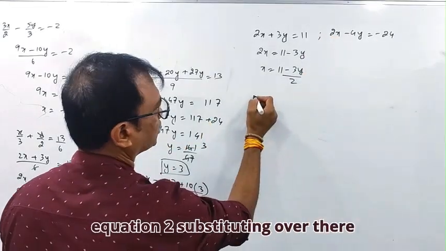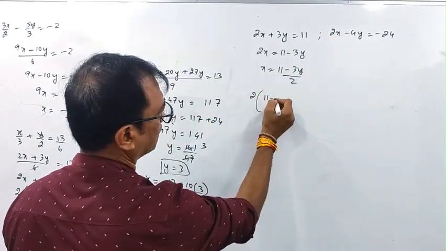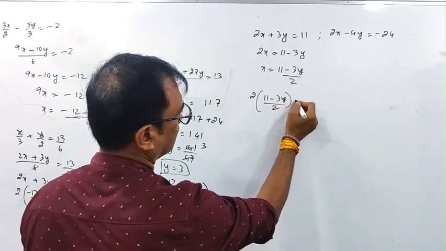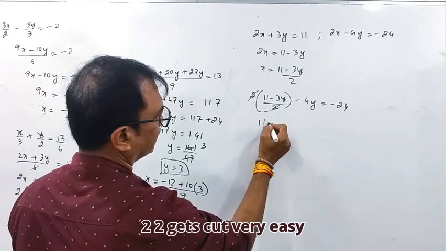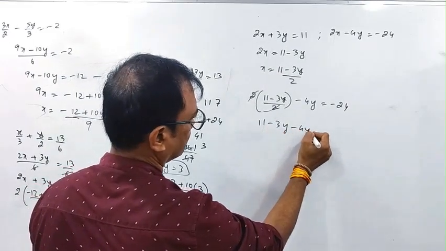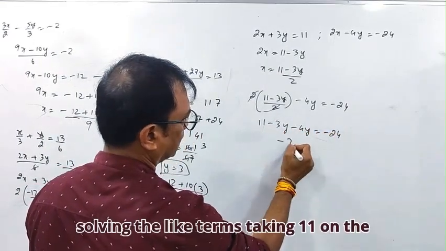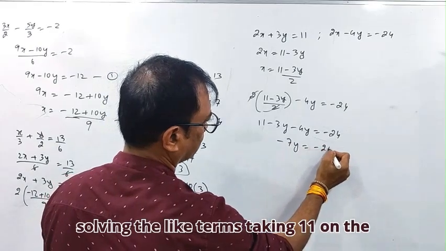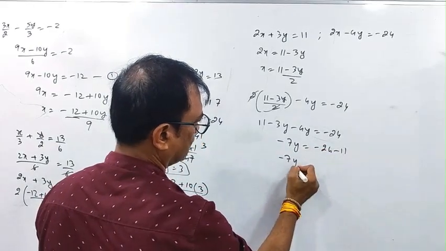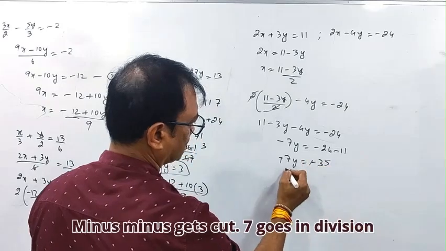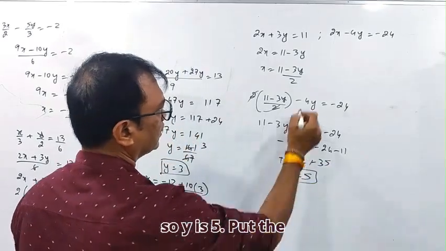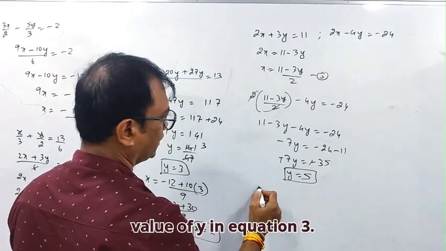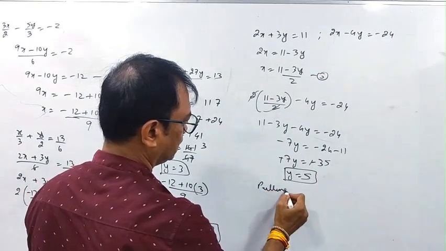This is equation 2. Substituting over there. 2 gets cut. Very easy. Solving the like terms. Taking 11 on the other side. Minus minus gets cut. 7 goes in division. So y is 5.